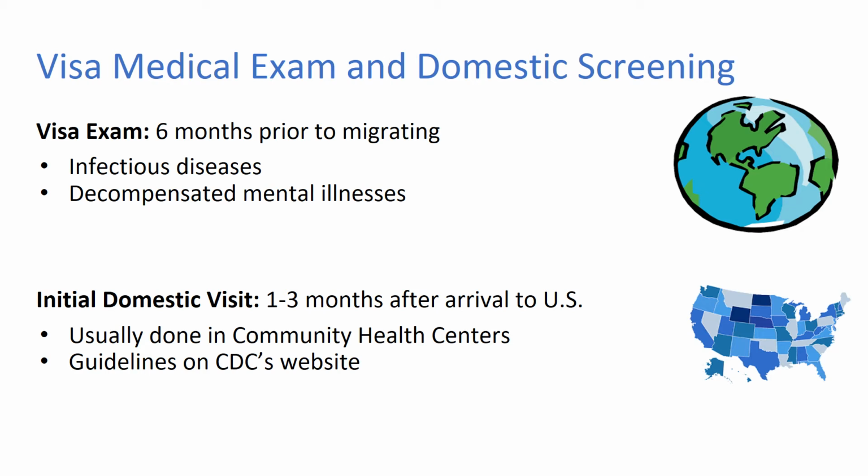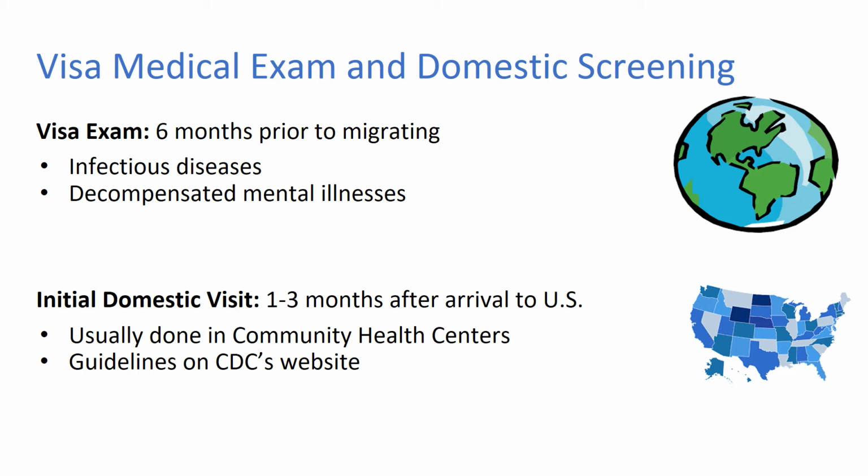Guidelines for the initial domestic visits, you can look at these on the CDC's website, but there is some variability in their implementation. The initial domestic visit is done, as the name suggests, upon relocation to the U.S., often in a Department of Health clinic.